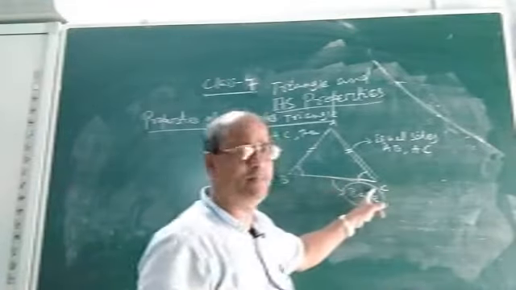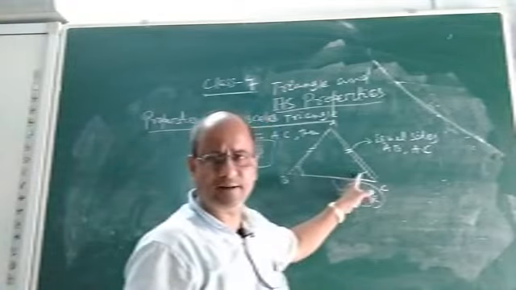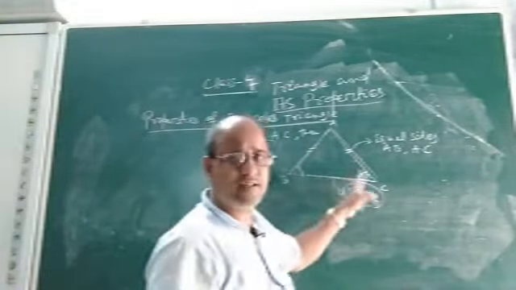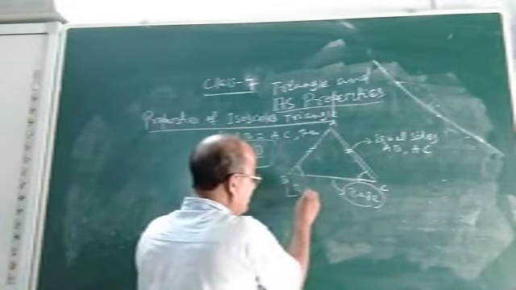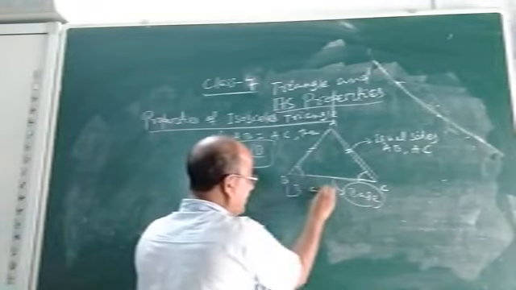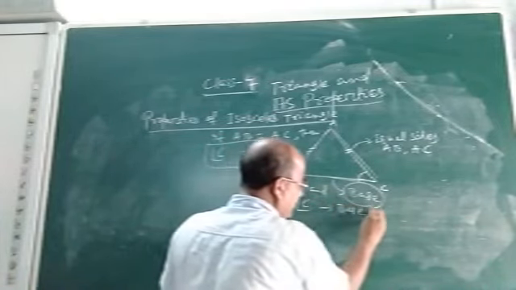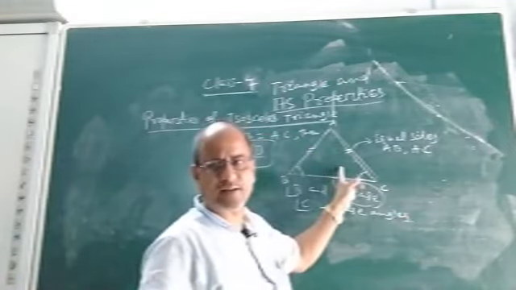If BC is the base, look at angle B and angle C. These two angles stand on the base, so we call angle B and angle C the base angles. This is the base of this isosceles triangle.